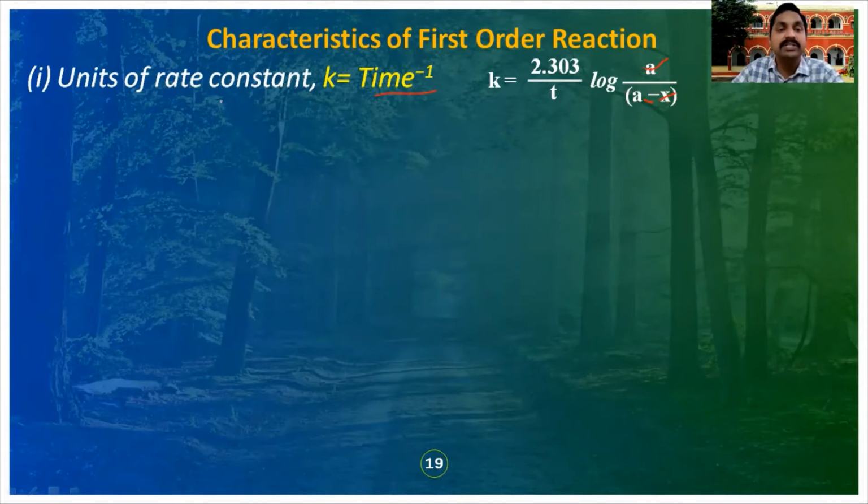Thus the units of the first order rate constant k are second inverse, minute inverse, hour inverse or day inverse. Say for example we are expressing the concentration in terms of molarity. Then a is in molar and a minus x is also in molar, so molar and molar both will be cancelled. We will get one numerical value.